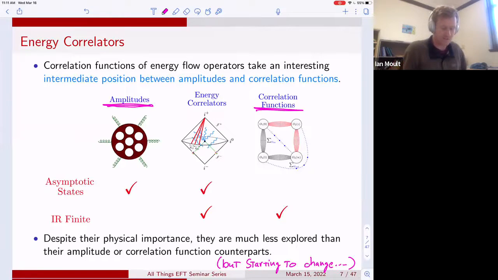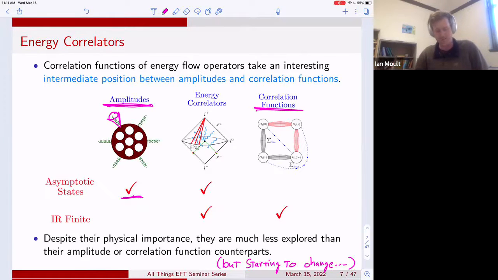The reason people in collider physics are interested in amplitudes is that they involve asymptotic states, and this is what you need in collider experiments. But unfortunately, they are not IR finite, which is why one has to, for example, use jet algorithms to define infrared safe observables. On the other hand, correlation functions are the standard observable which one uses in condensed matter experiments.